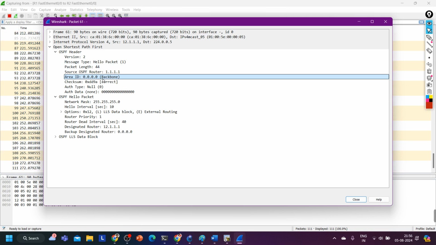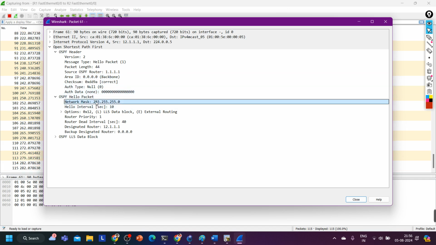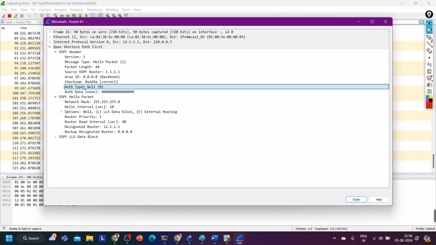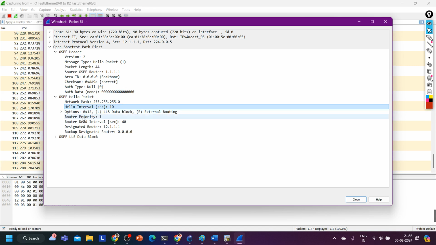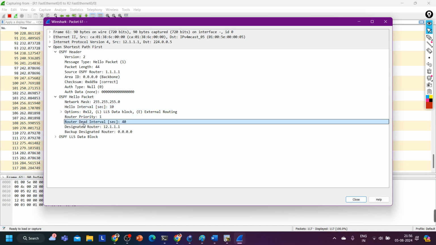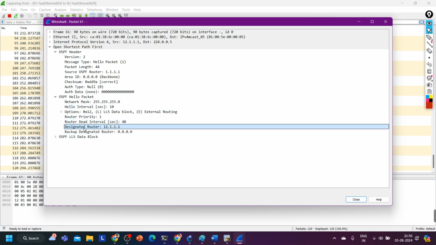Area ID must be same. But in my scenario, area ID is not same. Here area ID is 0.0.0.0. Right? Then guys, subnet mask. This field should also match. Authentication type and authentication data must match. Hello interval must match. Priority, no. Dead interval must match. Designated router and backup designated router, these are not hello parameters.